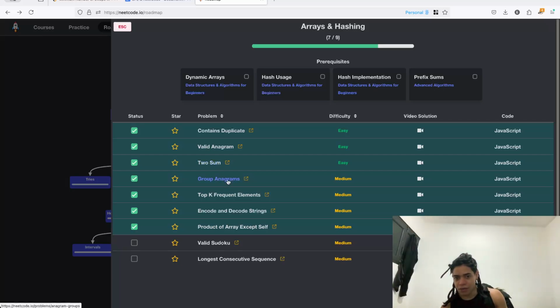This group anagrams is more about how you can organize this kind of anagrams. I'm not going to dive too deep here. The TLDR of this is pretty much having a hash where you store as keys all of the sorted words that are the same, given this collection of values.